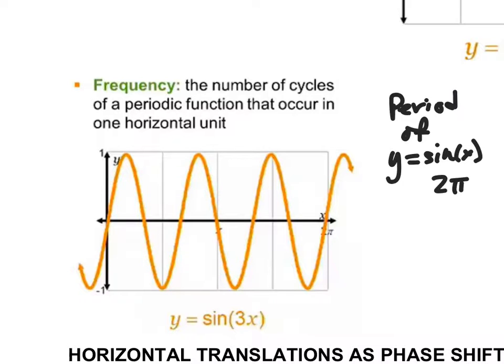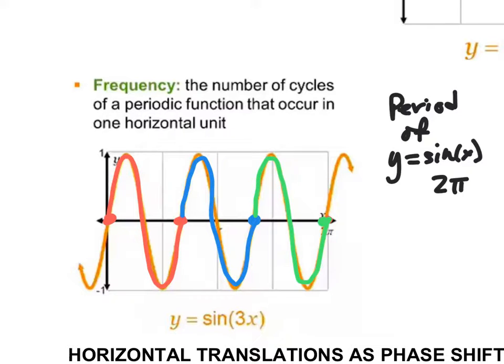But what I want you to see here is that all of a sudden, here's 2 pi, we have one cycle, we have two cycles, and we have three cycles, okay?